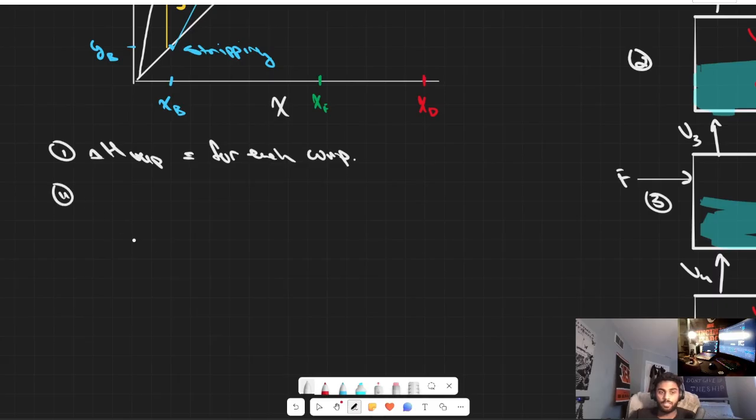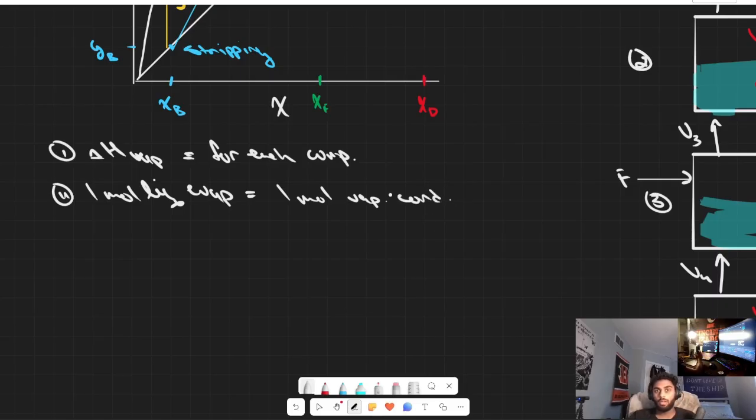Secondly, and this is one that's going to help us out, is that for every 1 mole of liquid evaporated, we get 1 mole of vapor condensed.